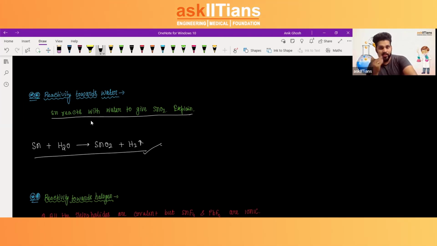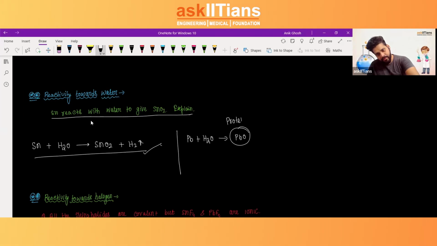So generally metals, when they react with water, release hydrogen, correct? But there was another metal, lead, after that. Now lead doesn't react with water either. But why? It's a metal. When lead is reacted with water, what happens is you make a protective layer on the surface of the metal.